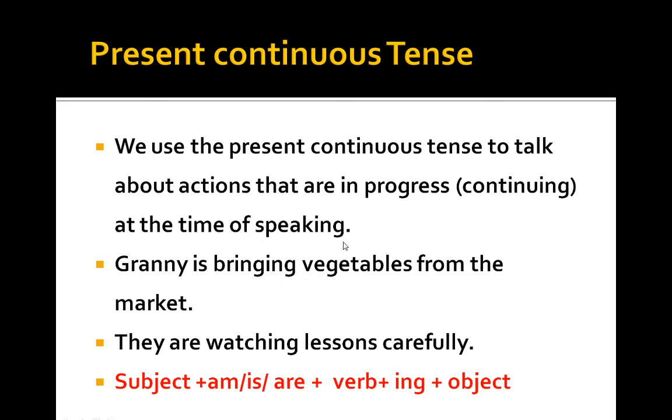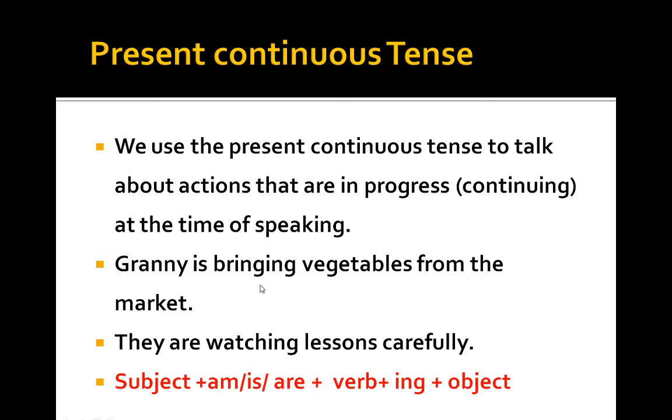And in present continuous tense, the verb comes with its ing form, and before that verb ing form, you must use am, is, are as helping verbs, or auxiliary verbs.